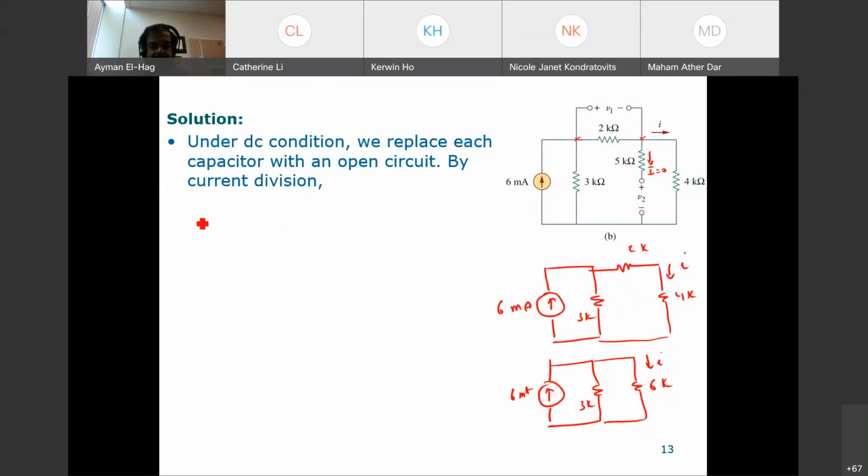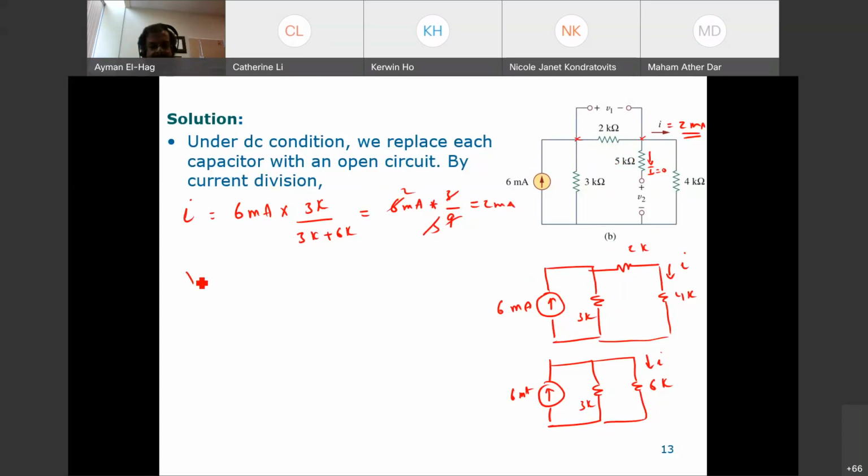So I is equal to the 6 milliamps times the other resistance, 3 kilo ohm, divided by the summation of these together, 3 kilo plus the 6 kilo. This is equal to 6 milliamps times 3 over 9, which is equal to 2 milliamp. So this current is equal to 2 milliamp.